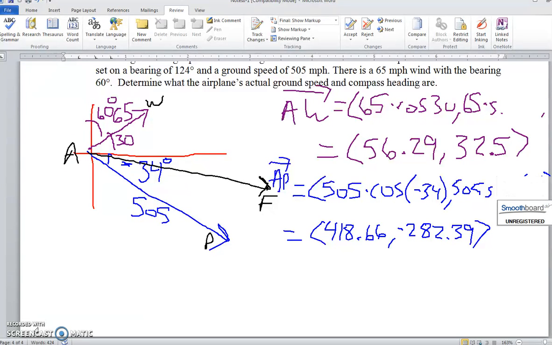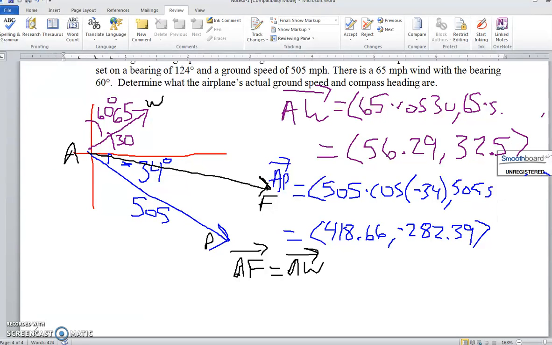Now, visually looking at our map, the blue vector and the purple vector, that seems to make sense. And so what I want to do now is add those two vectors together to get the final vector for this plane. So vector AF will equal AW plus AP.